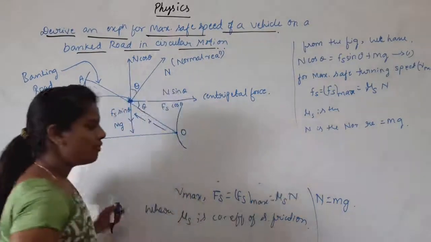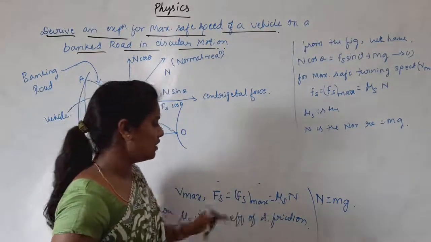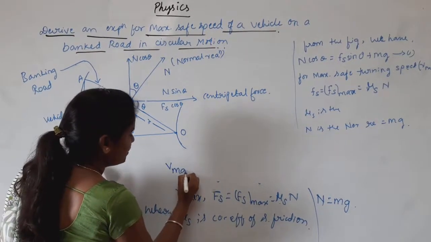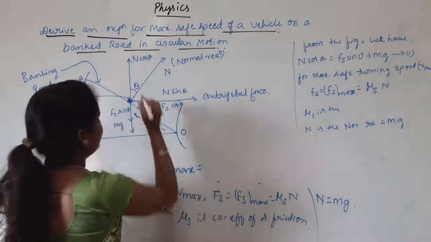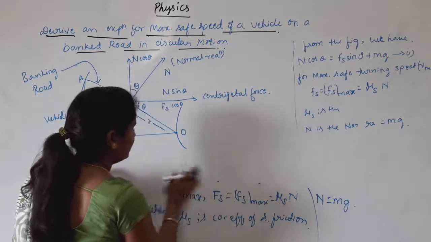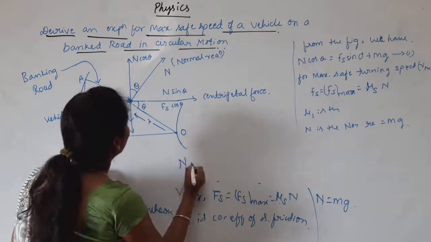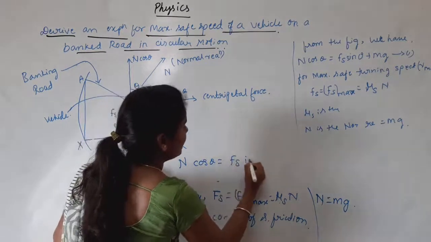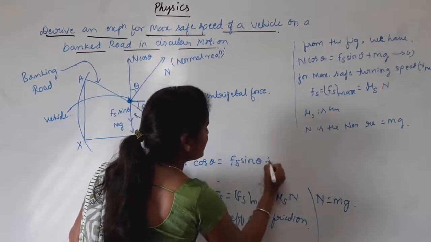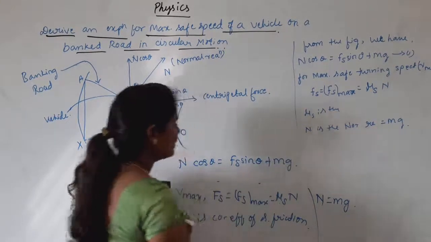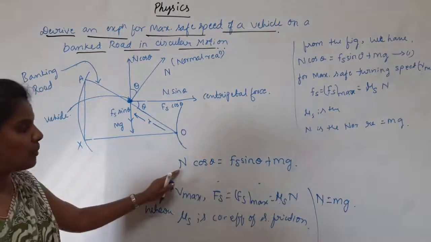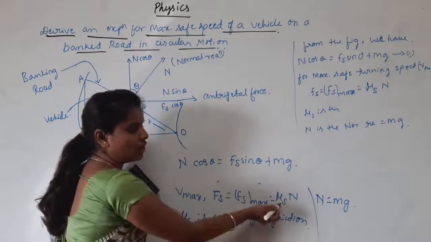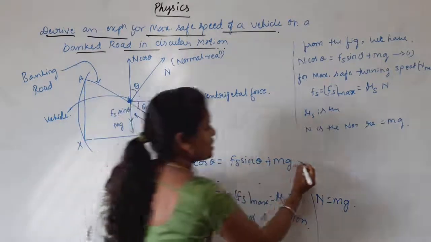Next, we substitute the value of Fs into the first equation. From the derivation, n cos theta is Fs sin theta plus mg, where n means normal reaction. Then substitute Fs equals mu s n into this equation number 1.